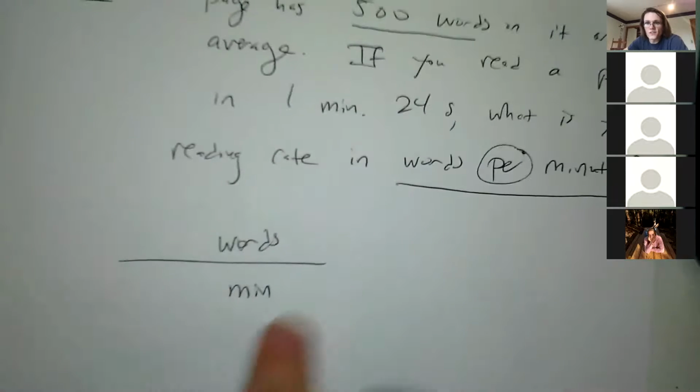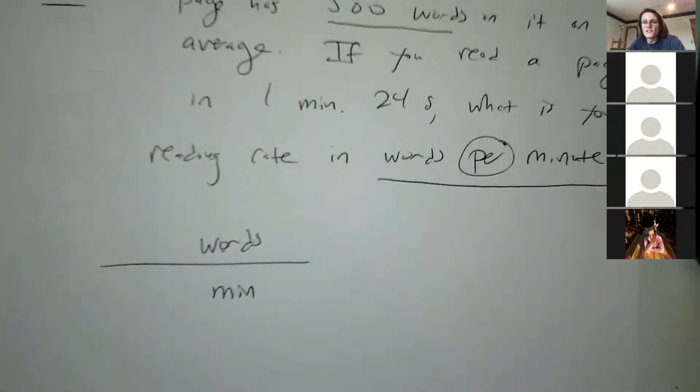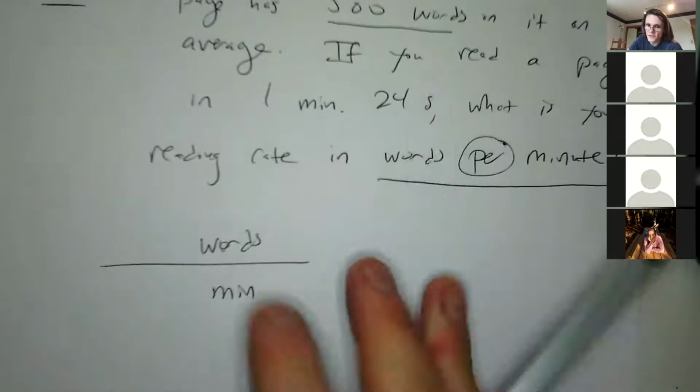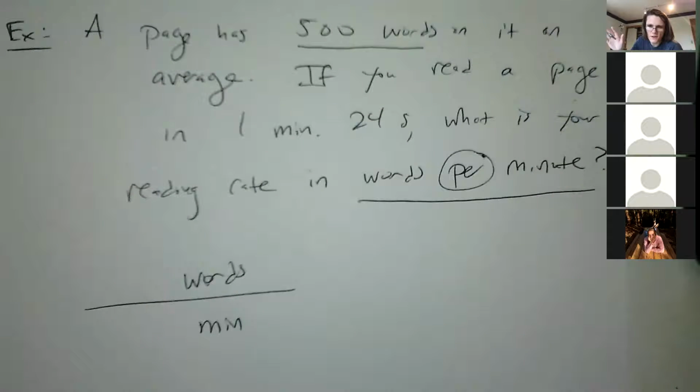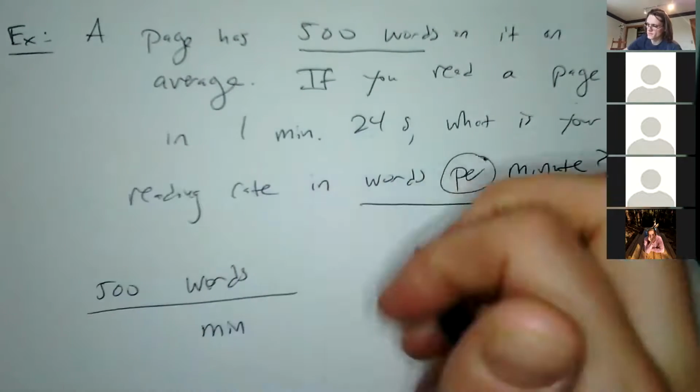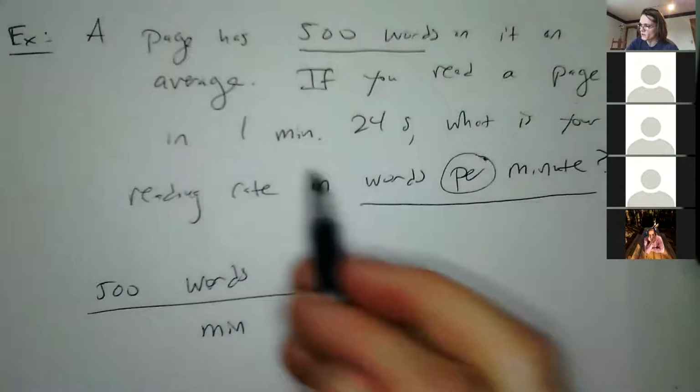That's my desired unit computation. Now I just need to figure out how many words per minute I can read. So I can read 500 words, that's one page, in 1 minute and 24 seconds.